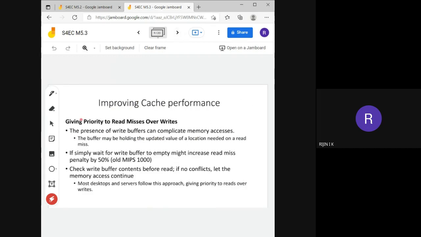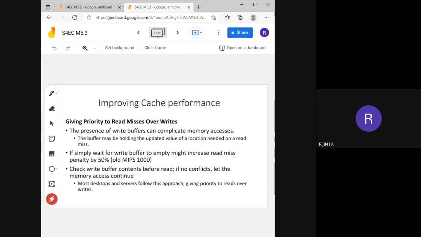Then the next one is giving priority to read miss over writes. The presence of a write buffer can complicate the memory access. That means the buffer may be holding the updated value of a location needed on a read miss. If it simply waits for the buffer to empty, that might increase the miss penalty.